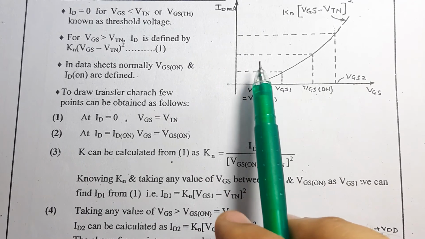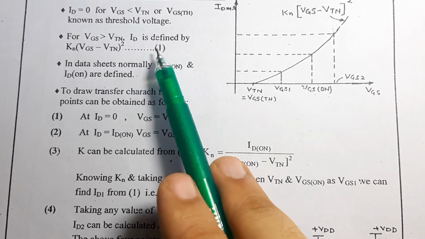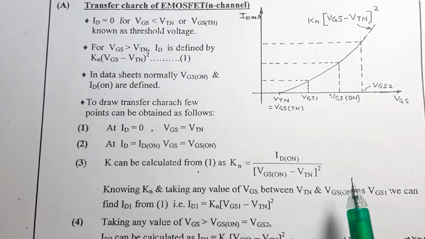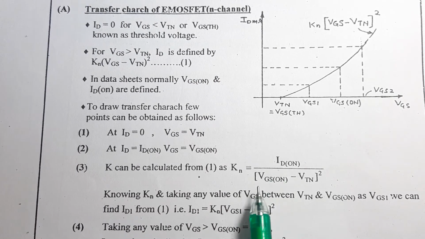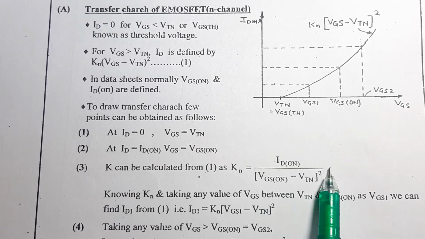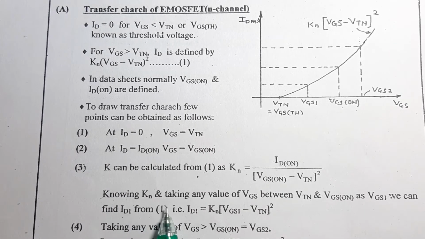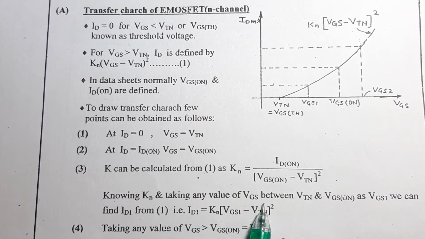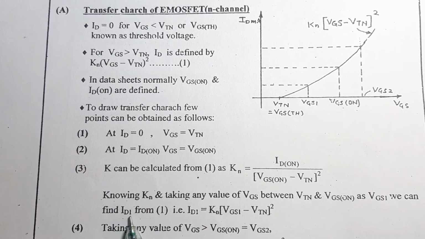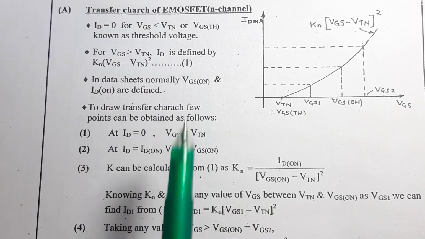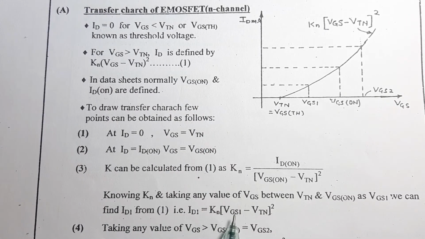So Kn can be calculated from equation 1 as Kn equals ID on upon (VGS on − VTN)². Now, knowing Kn and taking any value of VGS between VTN and VGS on as VGS1, we can find ID1 from equation 1, that is ID1 equals Kn (VGS1 − VTN)².